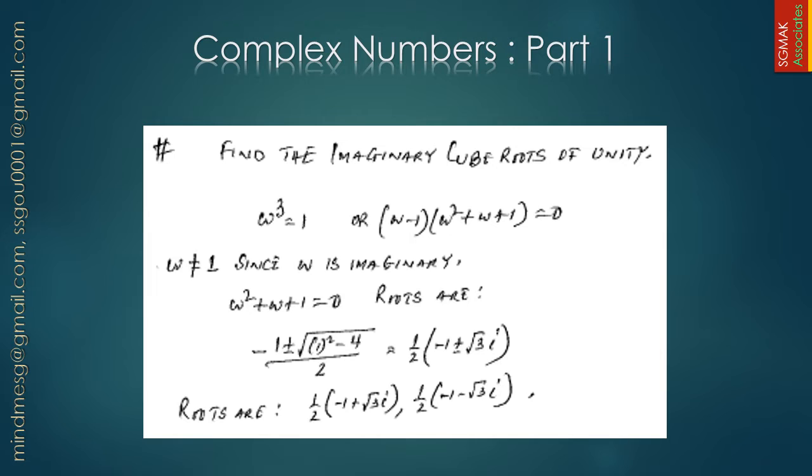So we have to solve omega squared plus omega plus 1 equals 0. And then we get two roots, 1/2 times (minus 1 plus square root of 3i), and 1/2 times (minus 1 minus square root of 3i). So those are the possible roots. One is the square of the other one. So the roots are 1, omega, and omega squared.